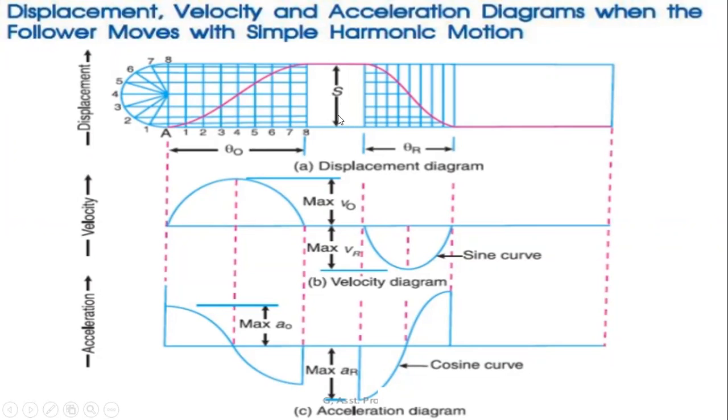So idantha kuda stroke and lift ga అనుకోవచ్చు. Next theta R represents the angle for the return stroke. So the angle for the return stroke.